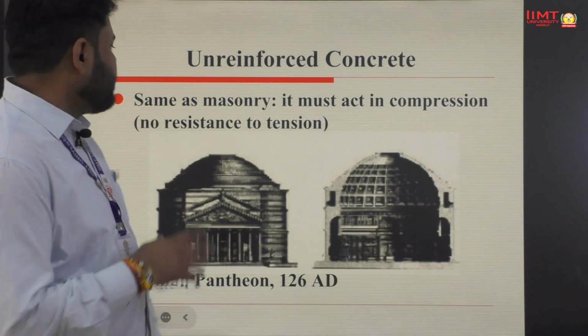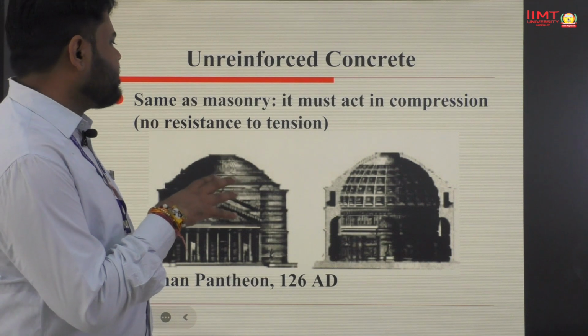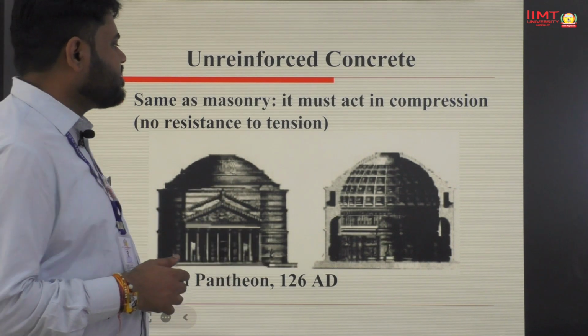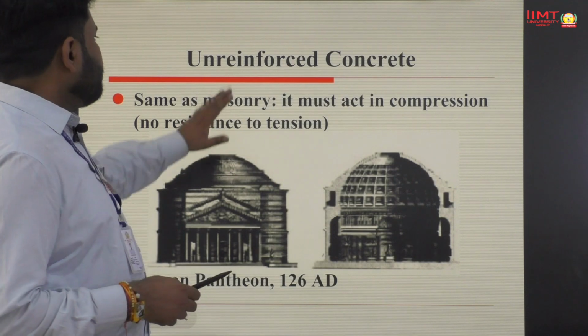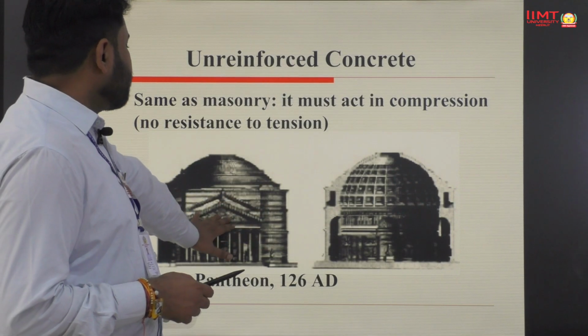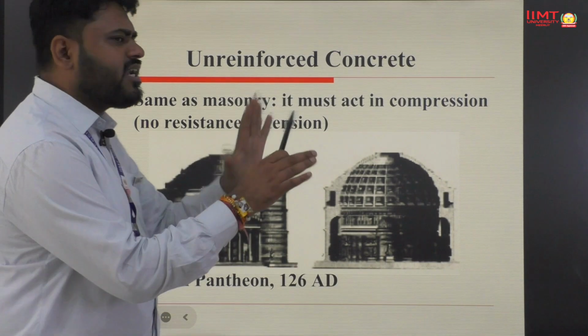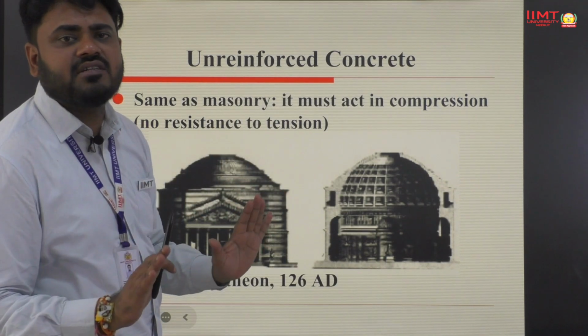Look at it, same as masonry, it must act in compression. This is the Roman Pantheon in 126 AD, and masonry work should be part of compression, so there is no resistance in tension.